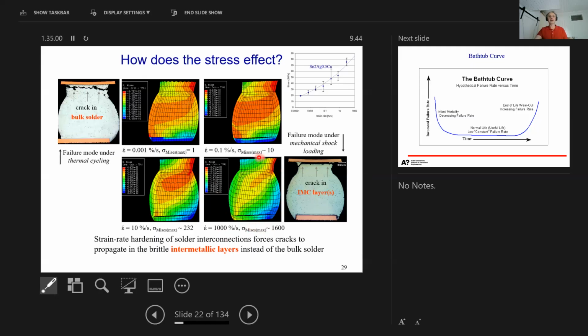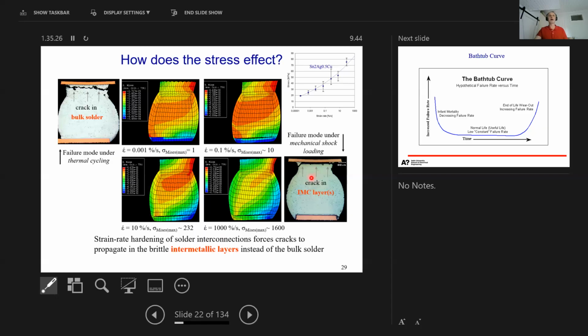Then we see that the stresses are much more concentrated and the absolute amount of stress is also much higher, 1,600 times higher. And then the failure is also completely different. So the weakest link is not the actual solder, but the interface between the solder and the metallization.